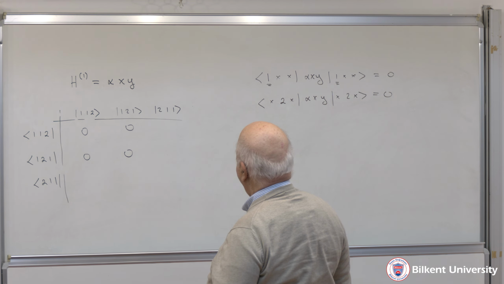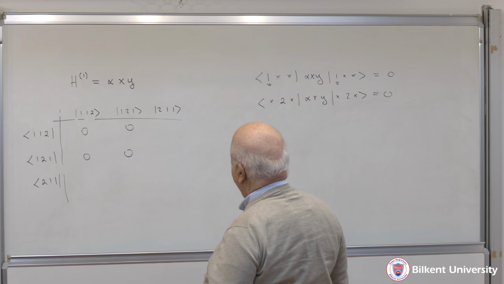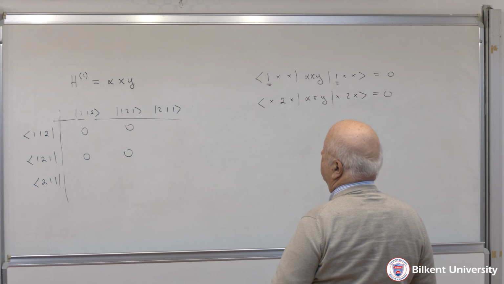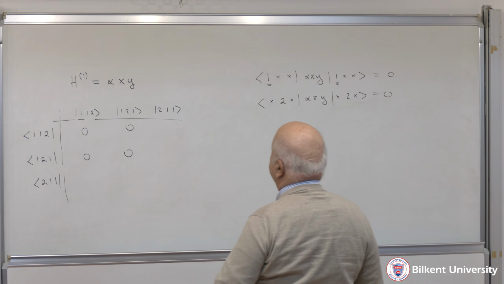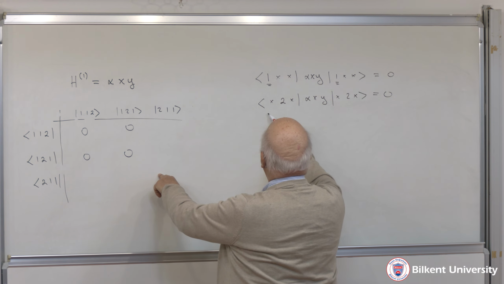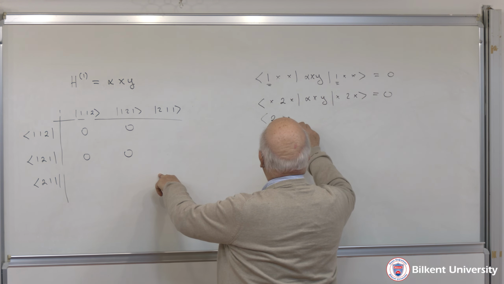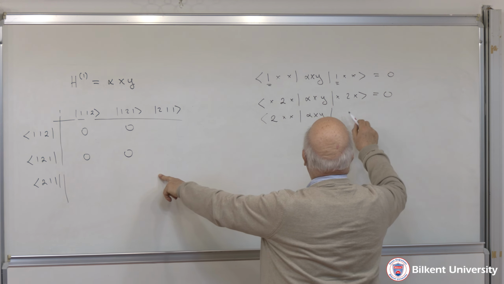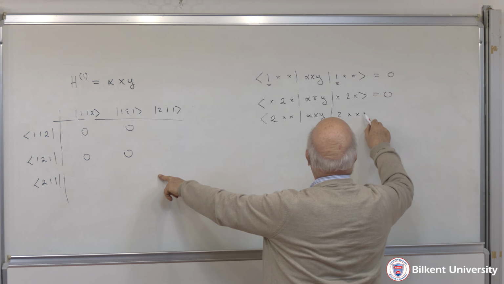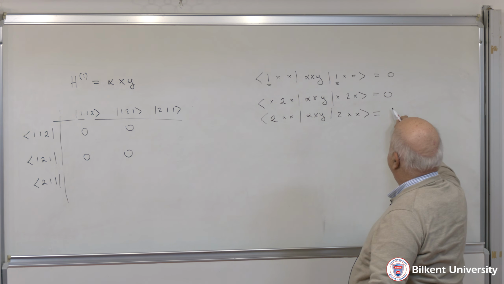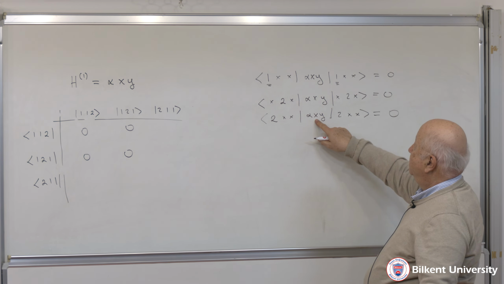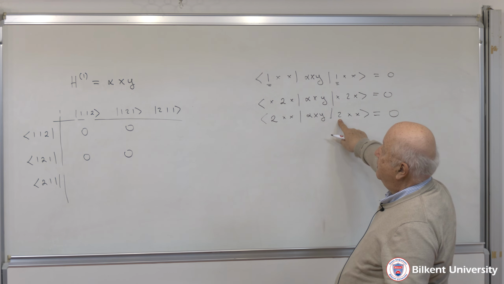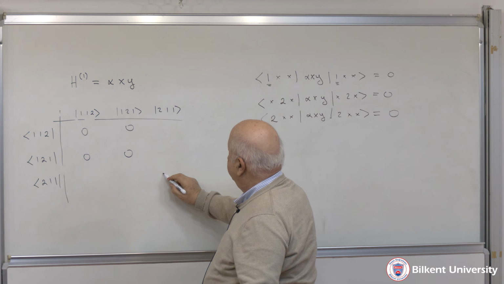Let me just make sure we are covering everything. What else? 2 and 2, what is that? 2 something, alpha xy, and 2 something is equal to 0 again, because now I'm finding the expectation value of x in the second state, so that's going to give me a 0 here.